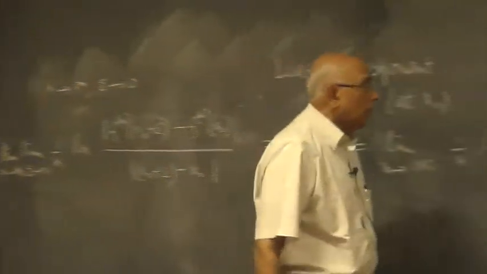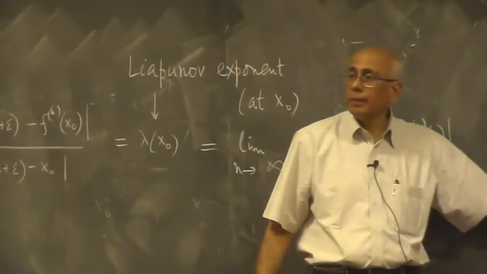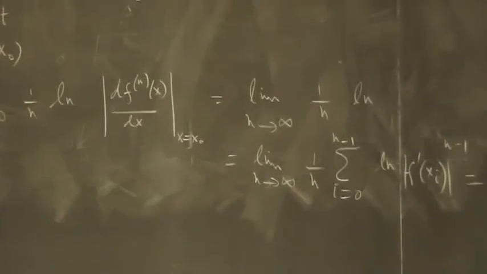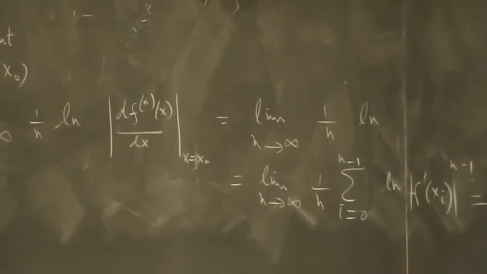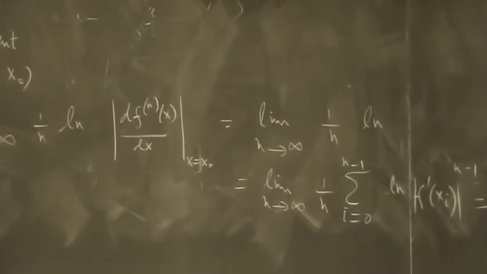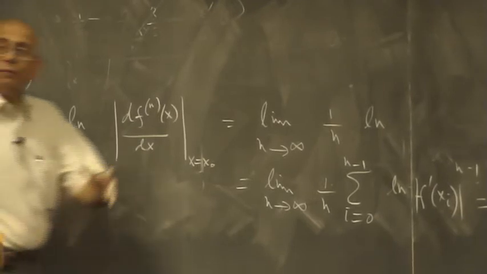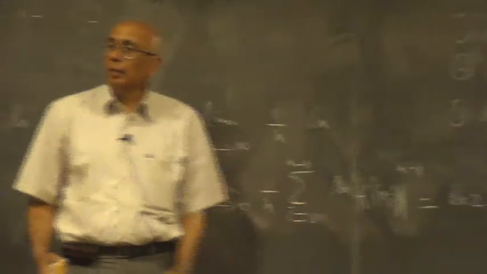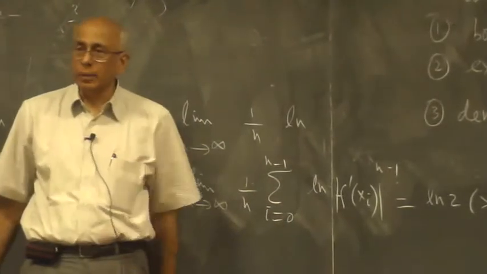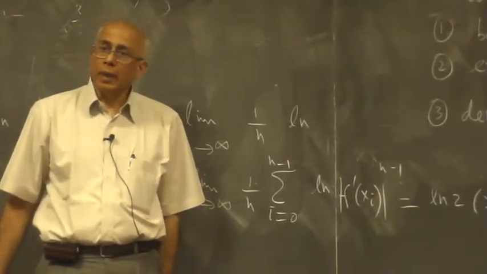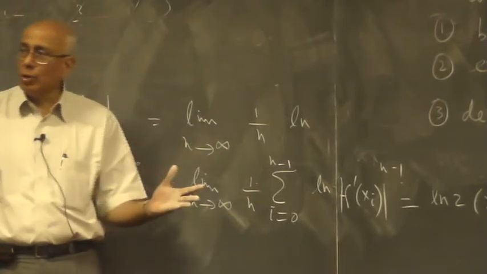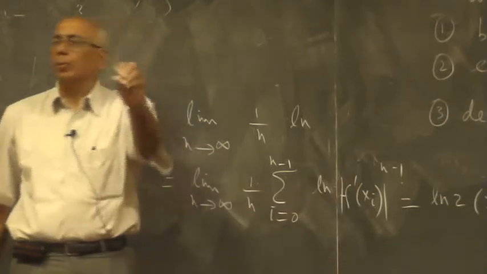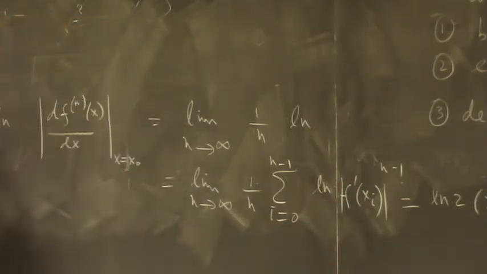Let's just look at this formula and ask what the Lyapunov exponent is for any point which falls into this fixed point. What will it be? After a sufficient number of iterations, this x_i will be arbitrarily close to this fixed point. So in the limit, when n goes to infinity, you just have a whole lot of log f prime at the fixed point, x star.